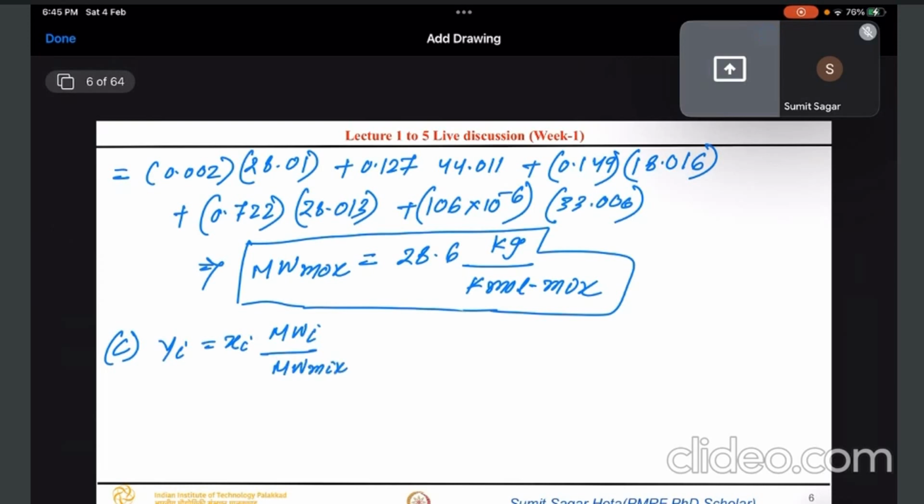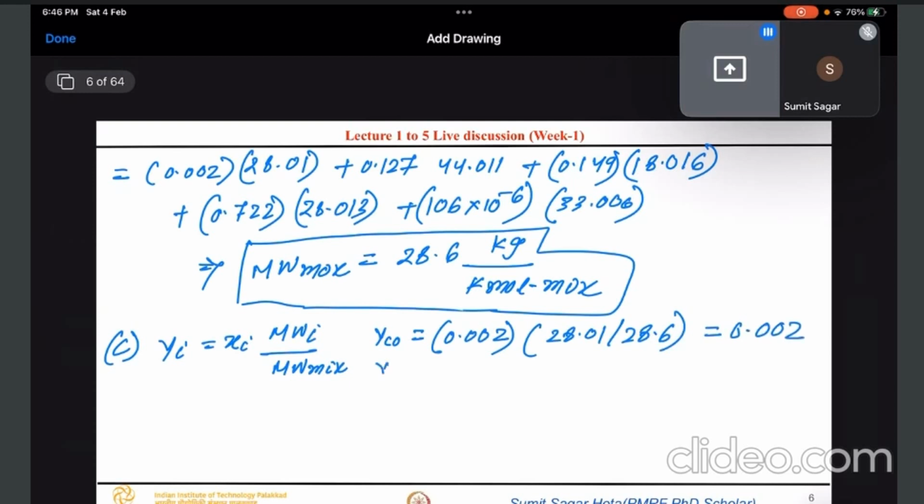Okay, so we can calculate y of CO is equal to 0.002 times 28.01, the molecular weight of CO, divided by 28.6, the molecular weight of the mixture, which gives 0.002.